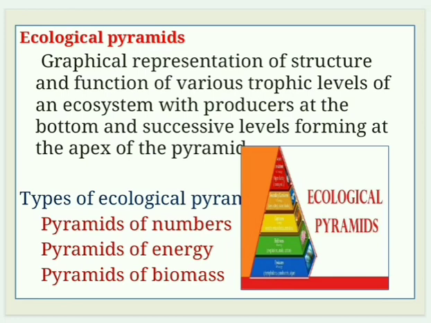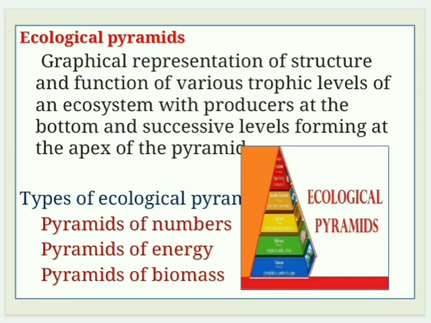The next is the pyramid of biomass, the total amount of biomass present in each trophic level. Biomass means the mass or weight of biological material or organisms. Here also producers have more biomass compared to primary and secondary consumers, and finally tertiary consumers have the least biomass. So there is a decrease in biomass from bottom to top.